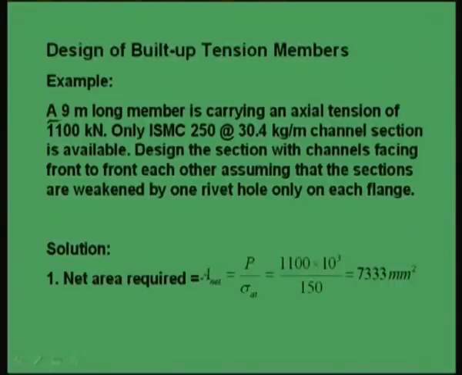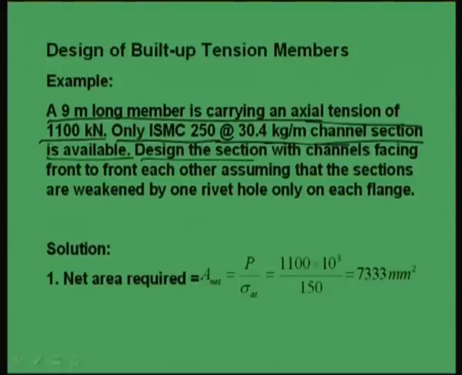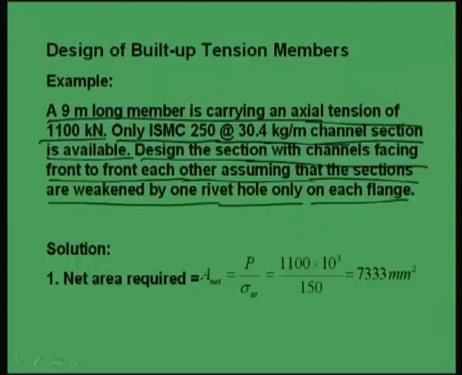Now the question is that a 9 meter long member is carrying an axial tension of 1100 kilonewton. Only ISMC 250 at 30.4 kg per meter channel section is available. Design the section with channels facing front to front to each other, assuming that the sections are weakened by one rivet hole only on each flange. Okay.